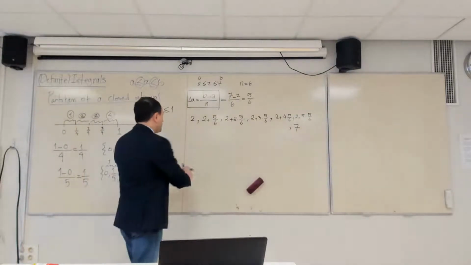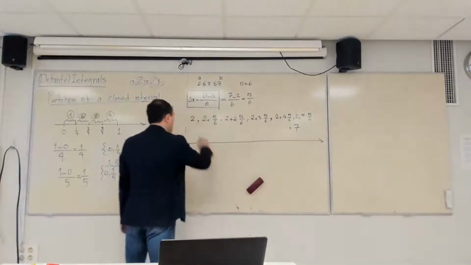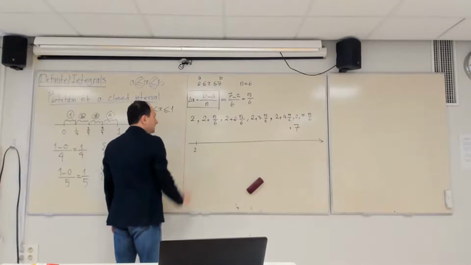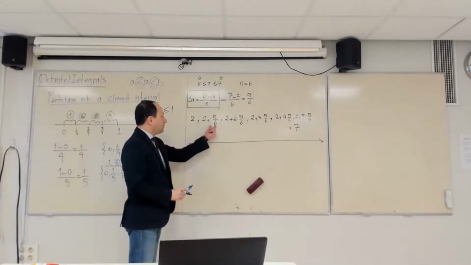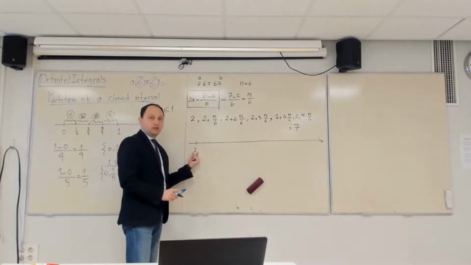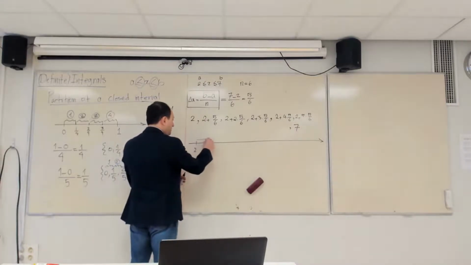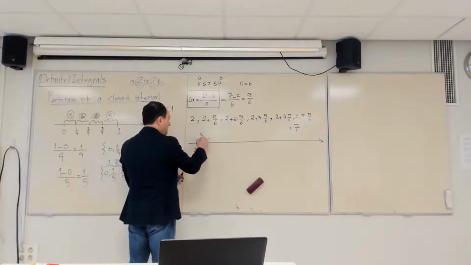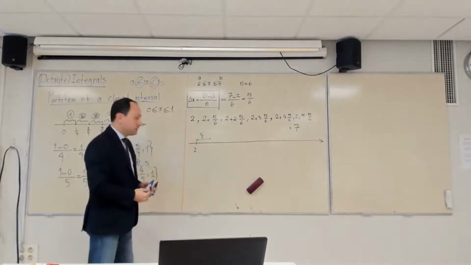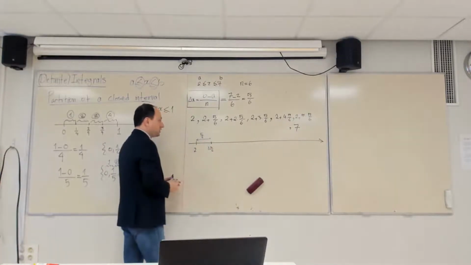So if I draw a diagram for you to understand it better, my starting point was 2. Each time I am adding 5 over 6 to the previous point. Assume that from here to here is 5 over 6. I'm exaggerating a little bit so that you can see it. And then here, if I ask you what is this point, this is 2 plus 1 part 5 over 6.